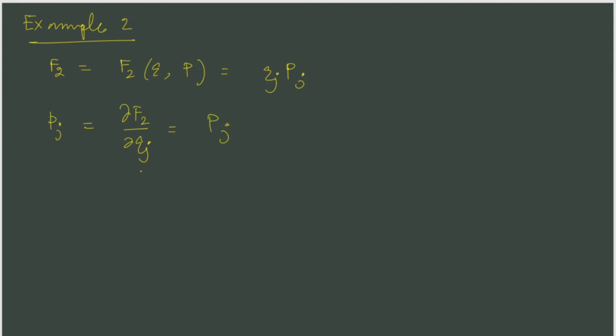The new momenta is the same as the old one. And what about the new coordinate? It's the same. So basically, this is nothing but an identity transformation. The new coordinates are the same as the old coordinates. This is just an exercise to show that one can interchange the definitions. Coordinate becomes momentum, momentum becomes coordinate, or certain transformations are possible which leave the equations of motion unchanged. Of course.